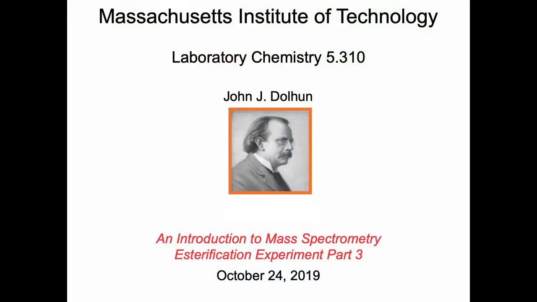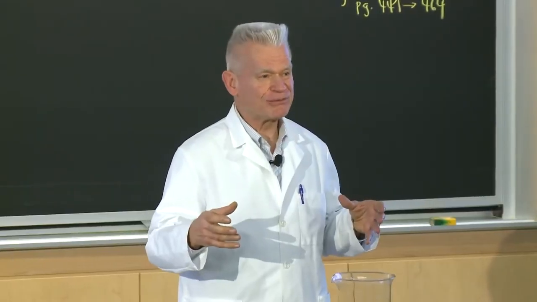So today I'm going to talk about mass spectrometry. And J.J. Thomson, discoverer of the electron, won the Nobel Prize in 1906 in physics, but not for the discovery of the electron, for the conduction of electricity through various gases in discharge tubes.